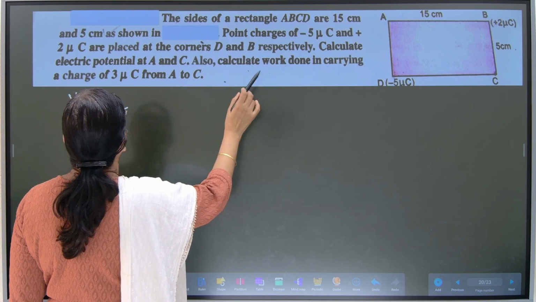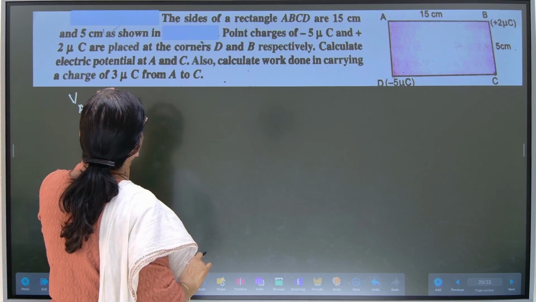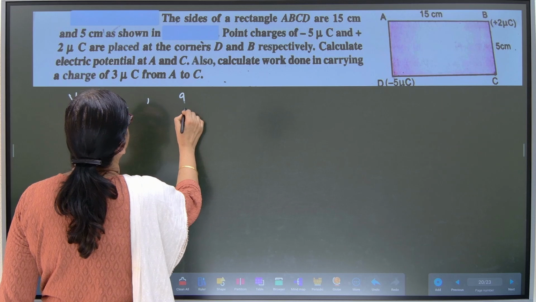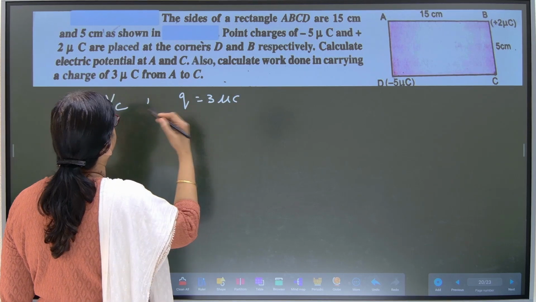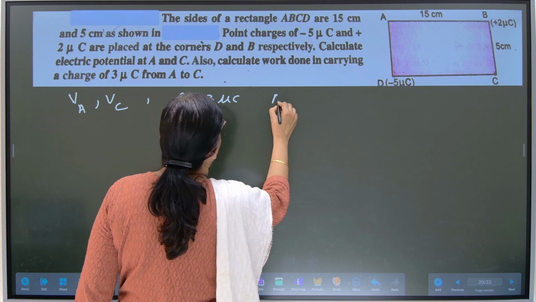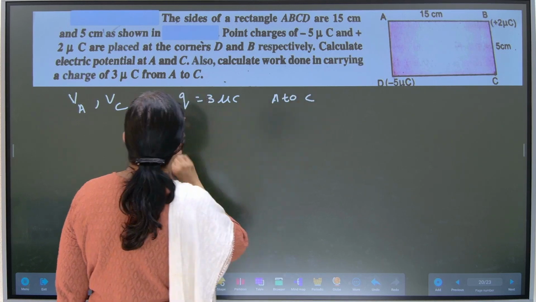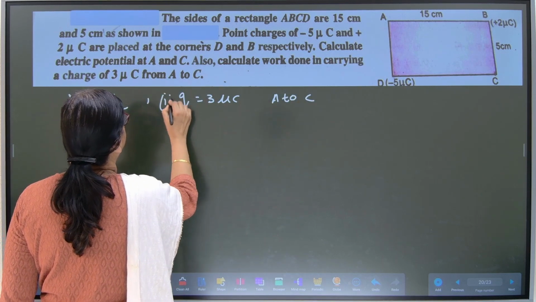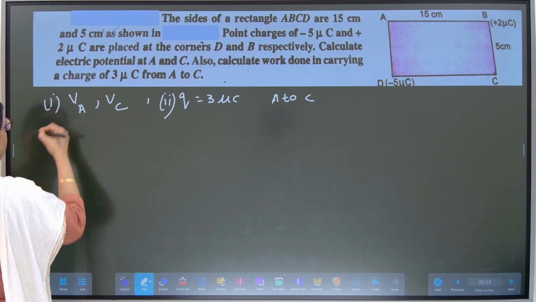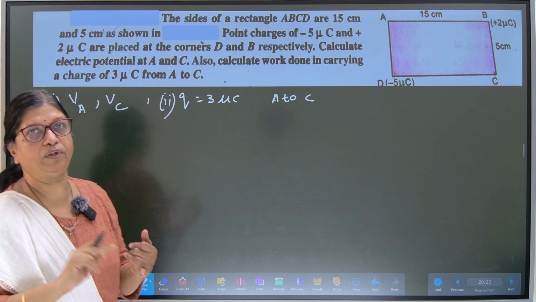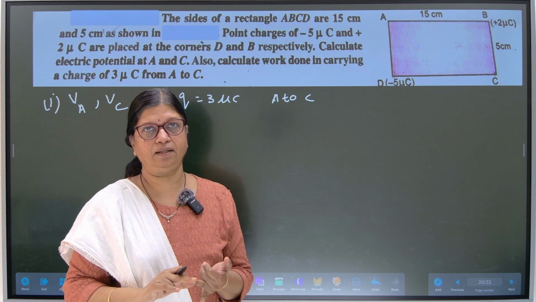Also calculate the work done in carrying a charge of 3 microcoulomb. So Q is equal to 3 microcoulomb is the charge which I have to carry from A to C. This is my part 2 and this is my part 1 in which I have to find out VA, VC.